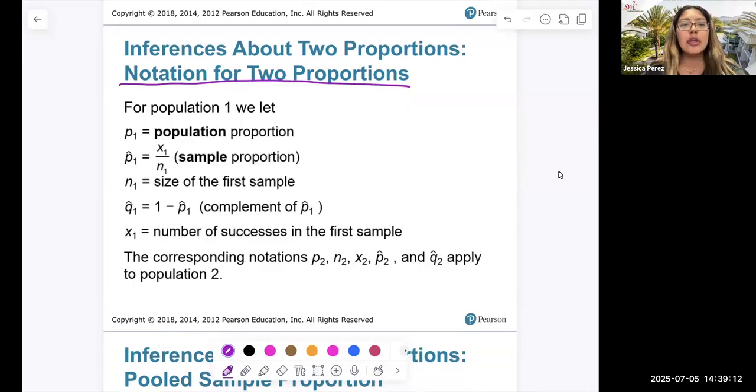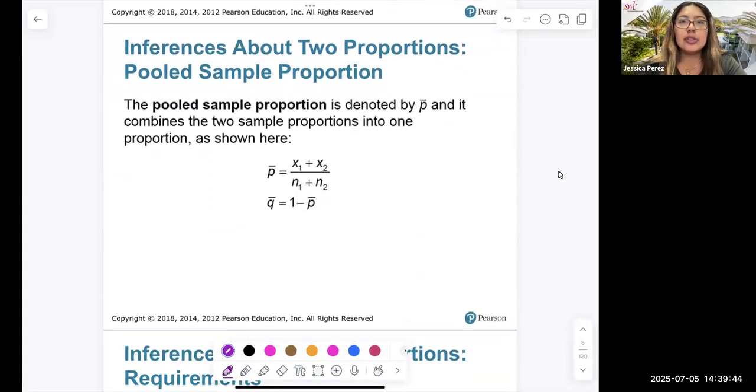And then we have Q1 hat, which is 1 minus P1 hat, the complement of P1. And the same thing is going to go for P2, N2, X2, P2 hat, and Q2 hat, which are going to apply to the second. So what we're going to do in this section is we're going to have two different samples coming from two different proportions. We're going to deal with P1 and P2, and then we're going to look at the differences between those two.